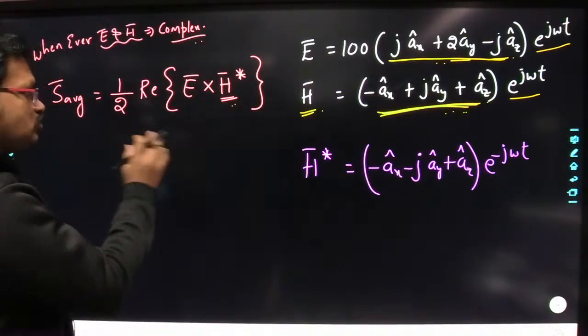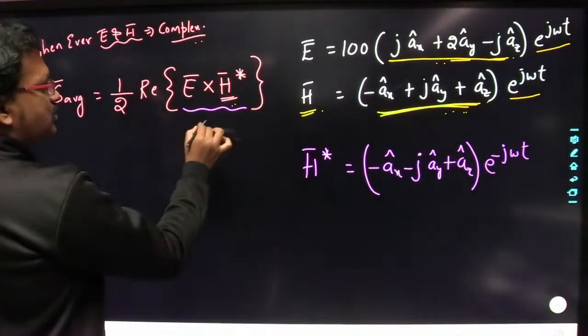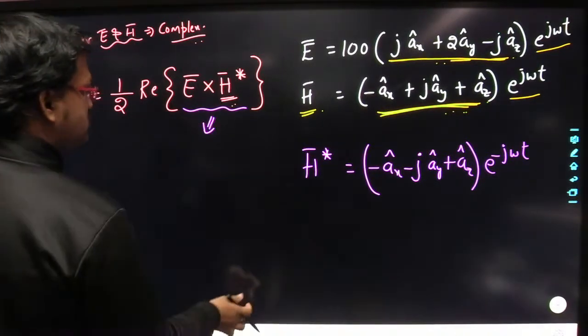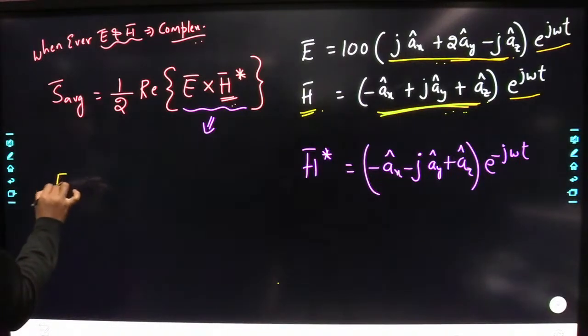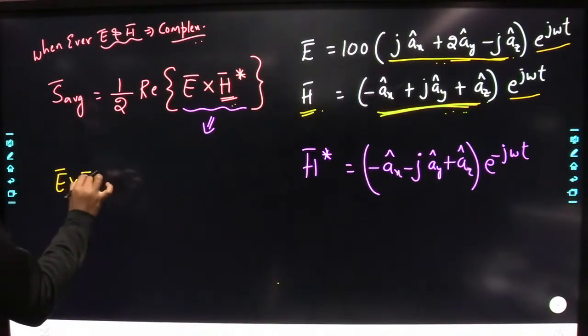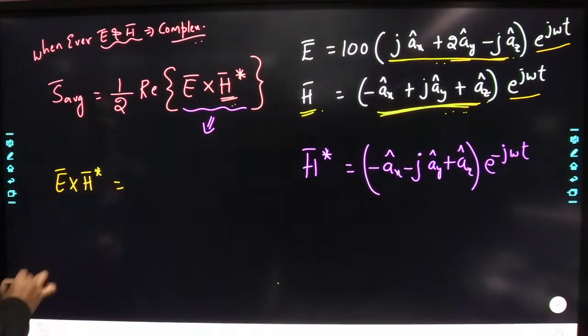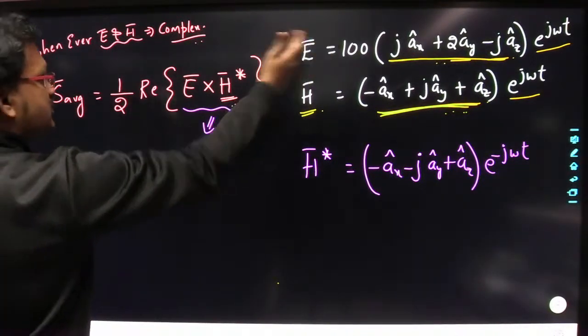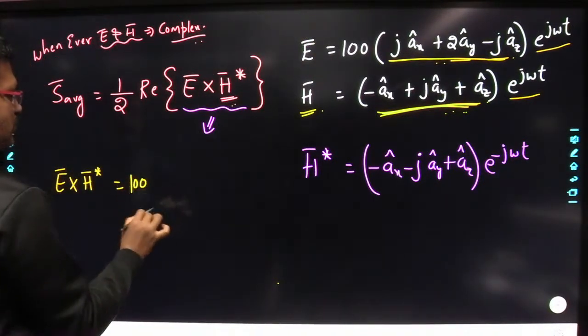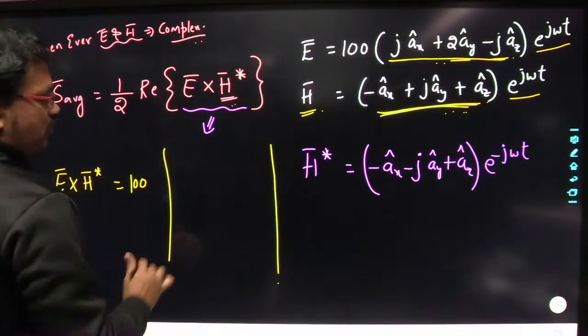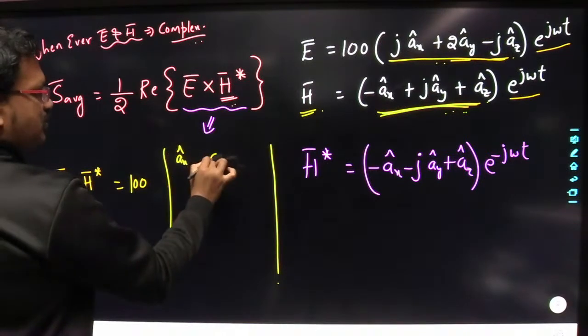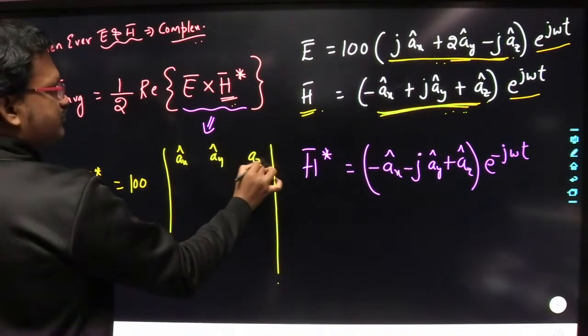Now just try to determine this E bar cross H bar conjugate. So I am taking this 100 outside, and I am writing it in determinant form. So this is ax cap, ay cap, az cap.